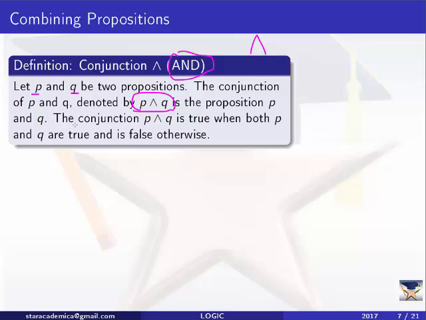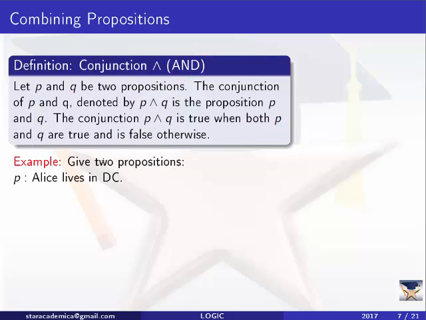And what is the truth value of this new proposition? This new proposition P and Q is true when both P and Q are true and false otherwise. So if both are true, then the result is true, otherwise it is false.